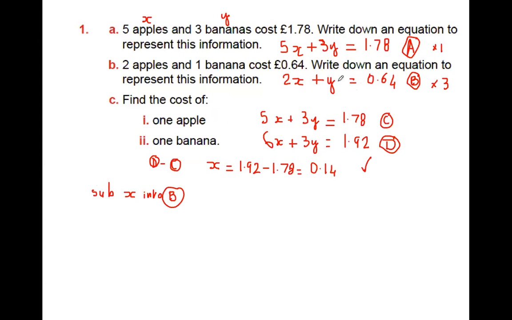So 2 times 0.14, which is 28 pence, plus y equals 0.64, then y equals 0.64 minus 0.28.